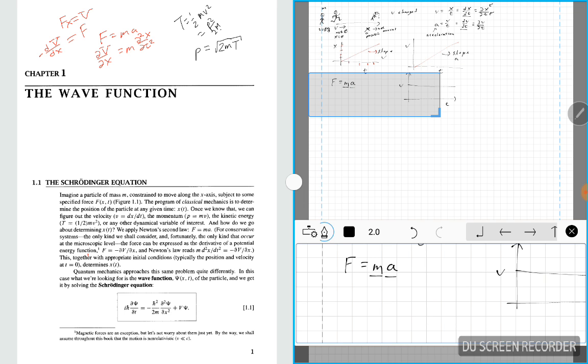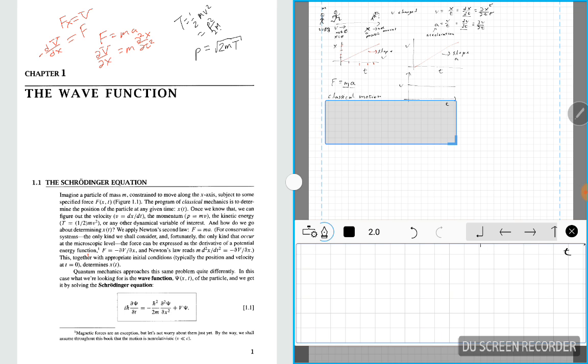And this is what we use for anything that has mass, and this is in the classical sense. So this is classical motion. Another way to look at classical motion would be to think of the potential energy. And our potential energy is going to be a force times a distance.